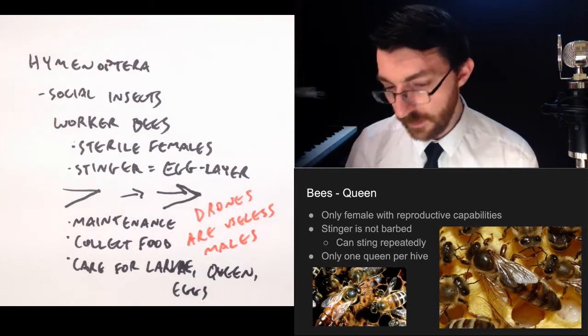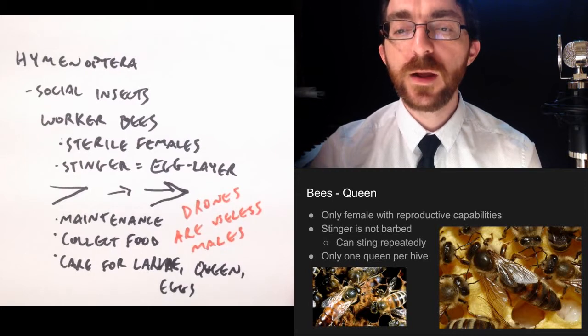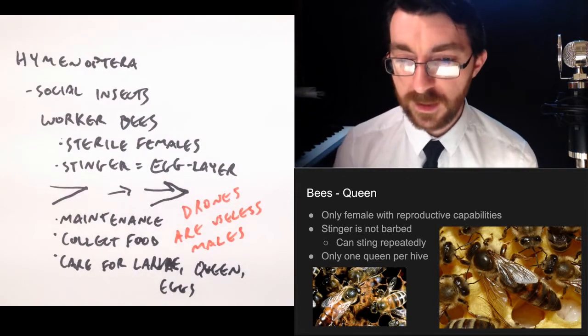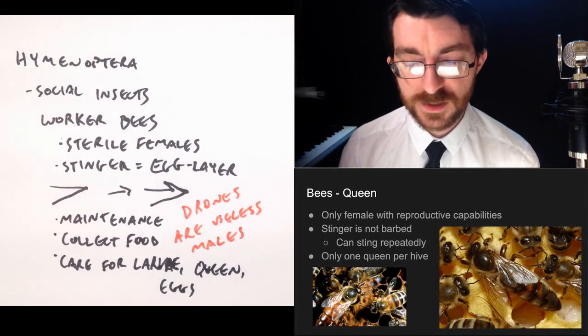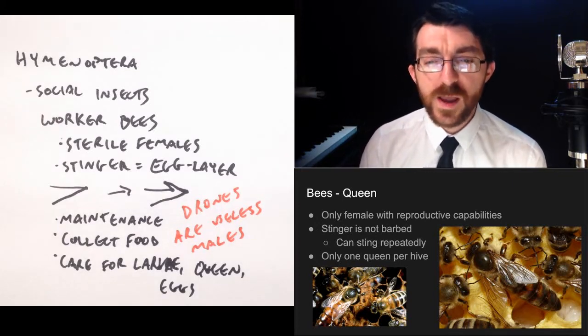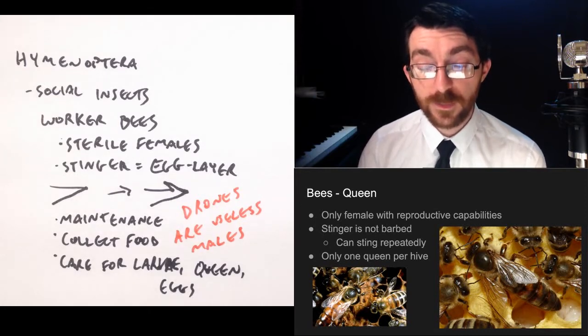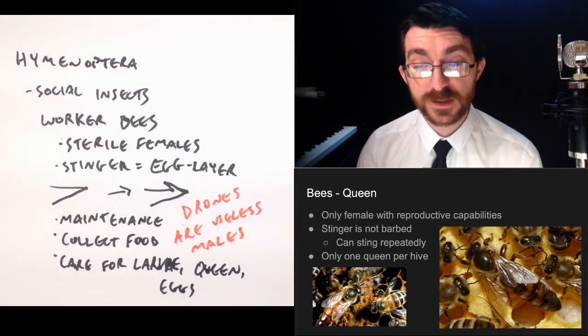Okay. What about the queen? The queen, that's an important bee, right? Yeah, the queen's important. I think I'm running out of room on this sheet, which is sad because I wanted to keep this all on one sheet. The queen is the only female with reproductive capabilities. As a matter of fact, during development, her reproductive capabilities are maintained through a special maturation process.